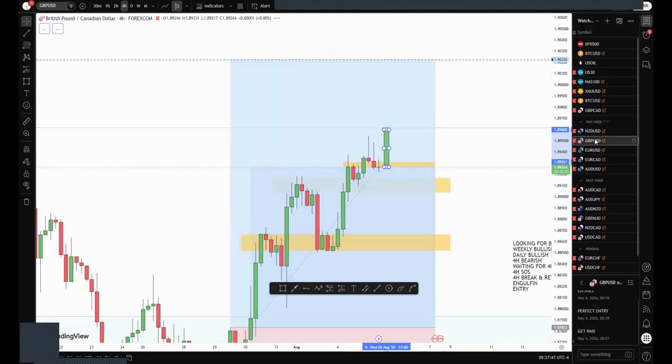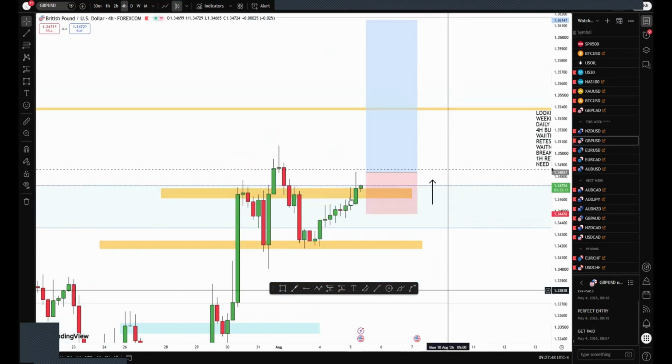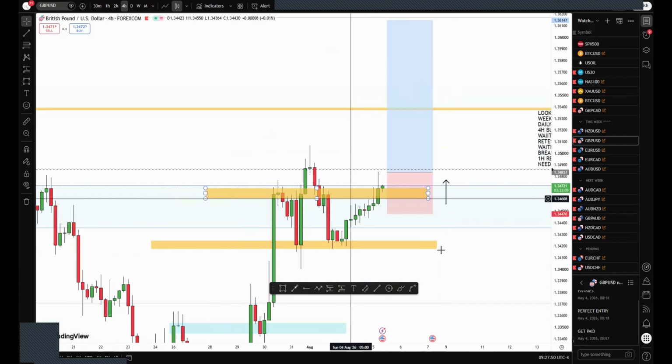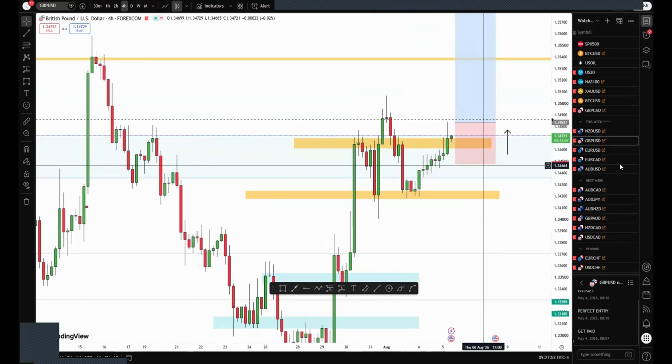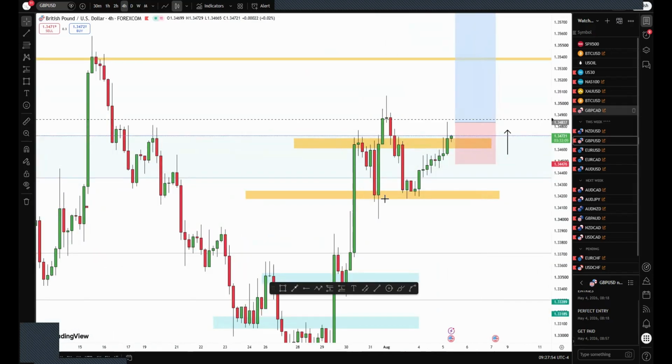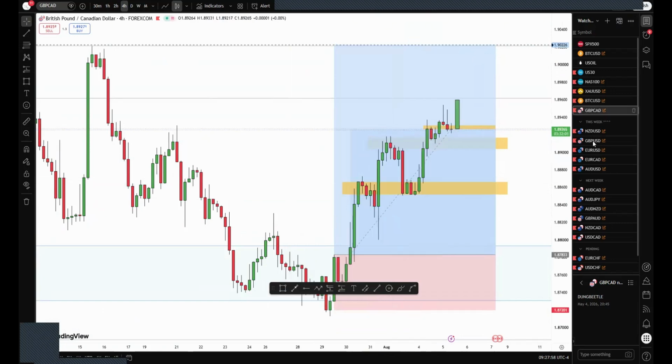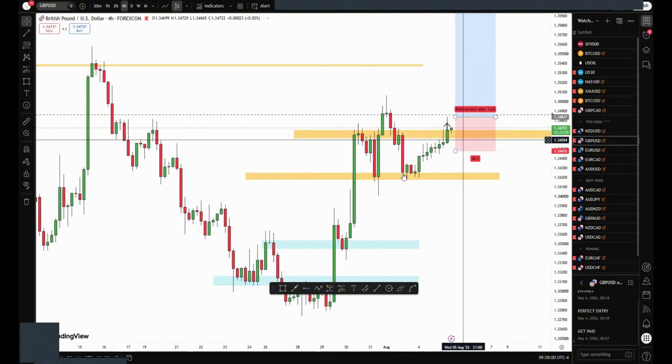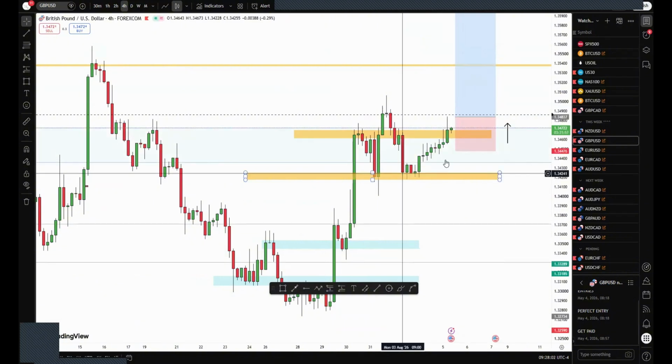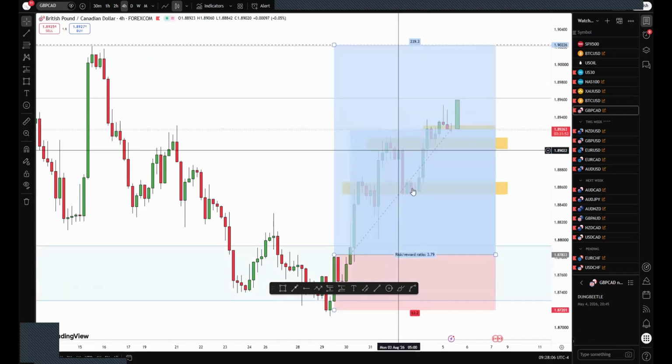Why? Because I've seen how GBP USD is playing out. It's just a matter of time. In fact, if you remember this drop we had this day here, GBP USD was already selling, but my pair was a bit buying. But when it all aligned, that's when it just dropped.